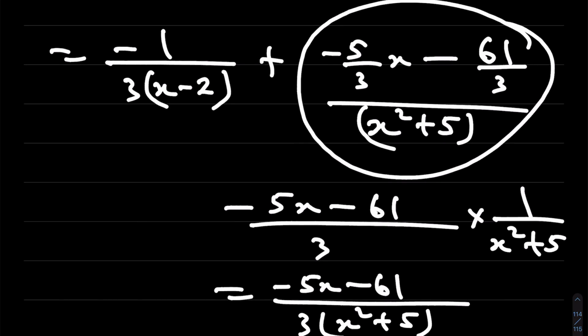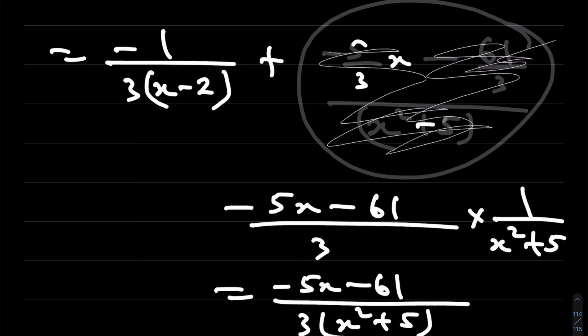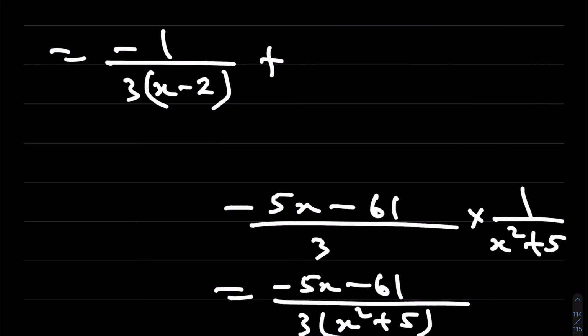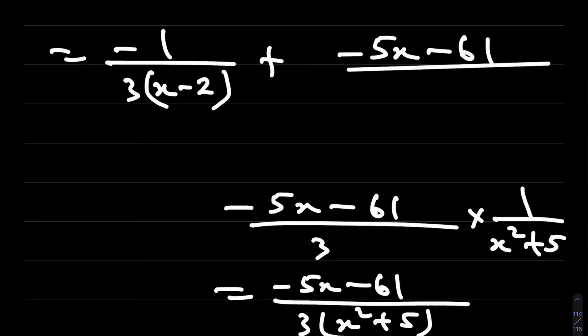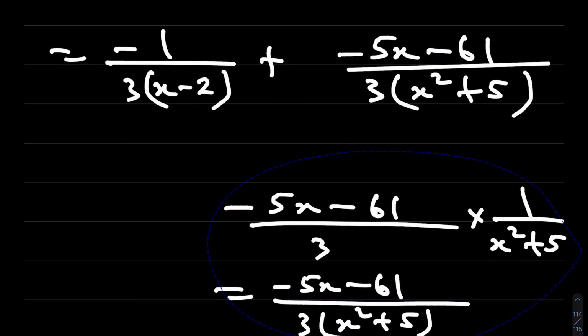And that's what I'm going to write. So that's simply plus bx plus c is the same as minus 5x minus 61 all over 3 into bracket x squared plus 5.